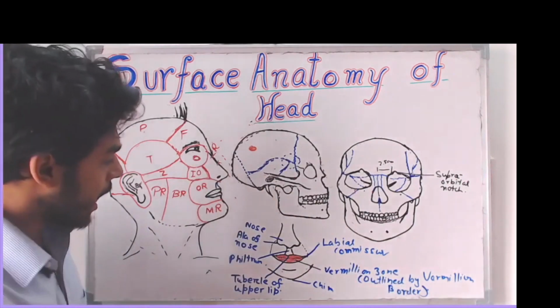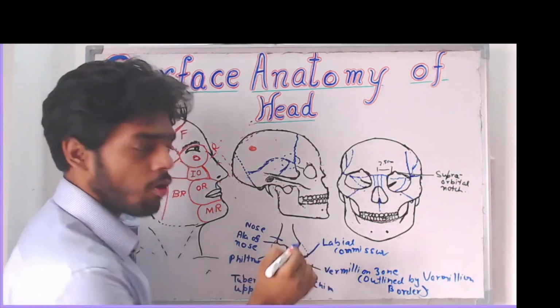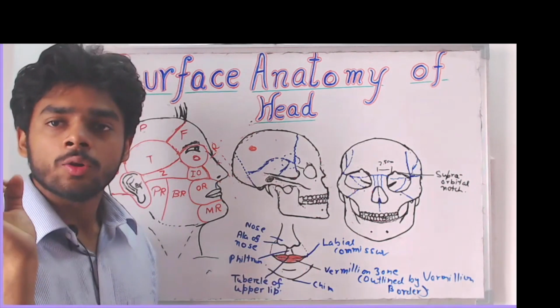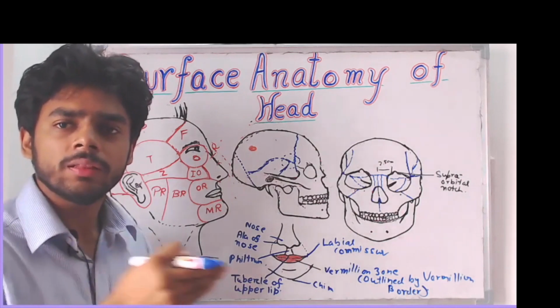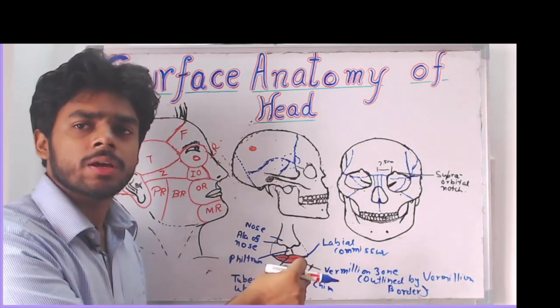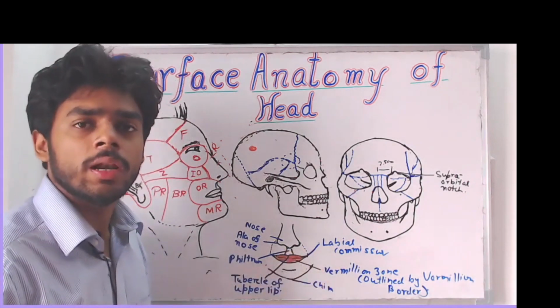There is a groove running upward between the labial commissure and the ala of the nose. This is called the nasolabial sulcus.